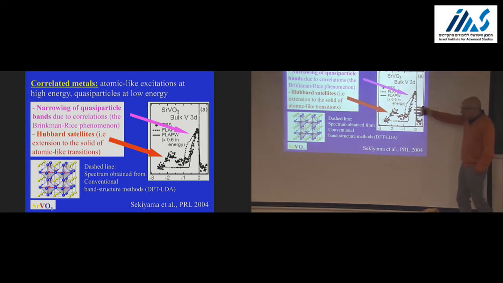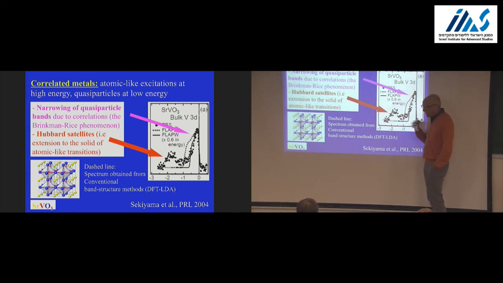Now, we can also compare this to a band structure calculation. And this is the result of the band structure calculated photoemission spectrum. This is what you get. And so what you see, this is the dashed line. So what you see is two things. First of all, our atomic transition, which was there in the photoemission spectrum, is of course absent in the band structure calculation, which is what I showed you before.